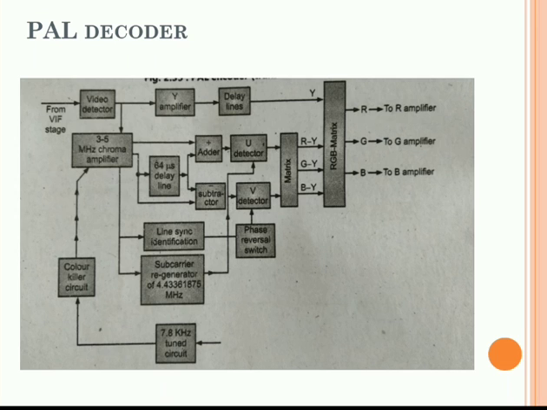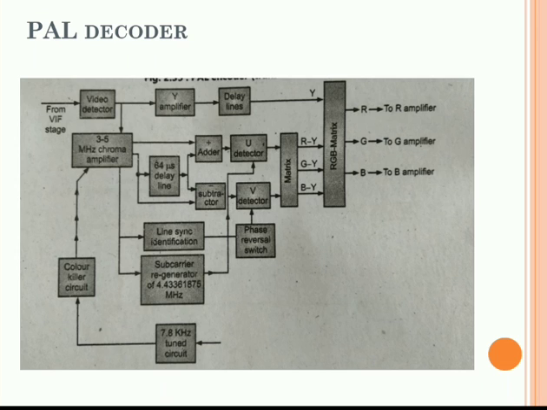There are two blocks, one is the adder and one is the subtractor. Whatever delayed chroma signal we are having, we provide it as an input to the adder and an input to the subtractor. The other input to the adder and subtractor is the original chroma signal, which does not have any delay.